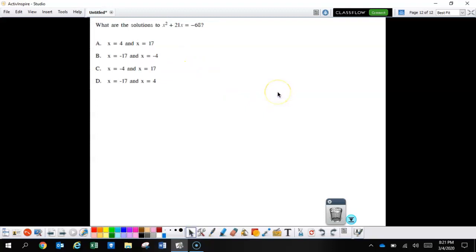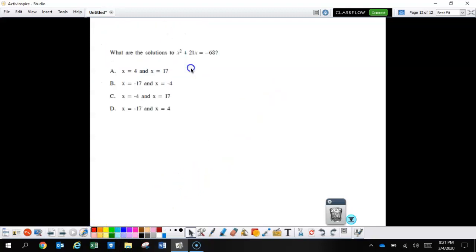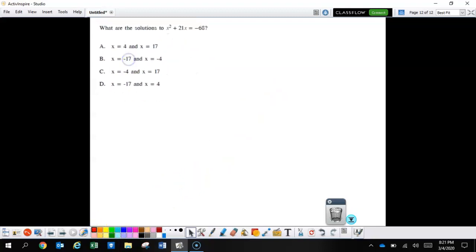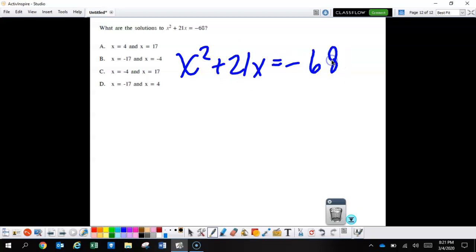Alright, last one. What are the solutions to x squared plus 21x equals negative 68? So I'll set it equal to 0. So x squared plus 21x equals negative 68. You want to move that negative 68 to the other side, so I'm going to add 68.